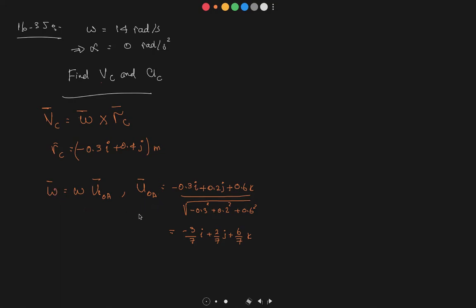To find omega, we have to multiply this whole thing by the value of omega. So the value of omega was 14. The magnitude was 14 radians per second. So just multiply it with a value of 14. So you get omega in the Cartesian vector form equal to minus 6 in the i plus 4 in the j plus 12 in the k direction, and meters per second.